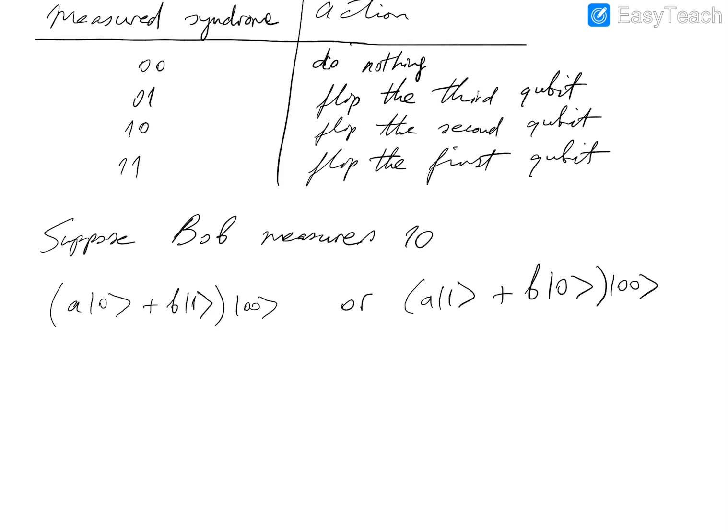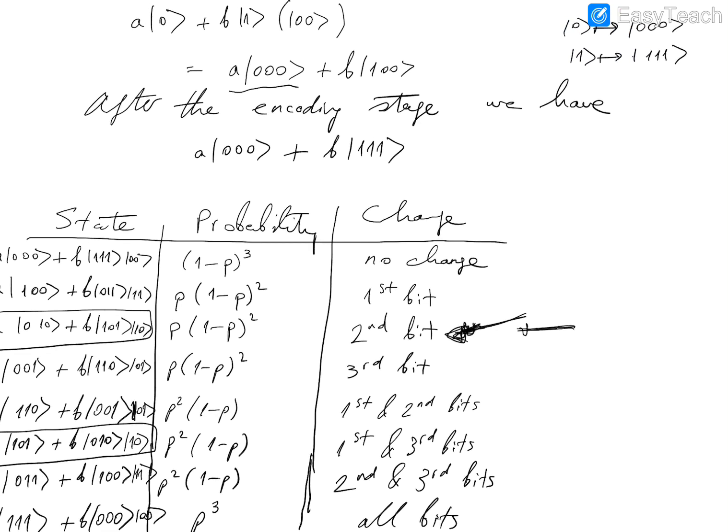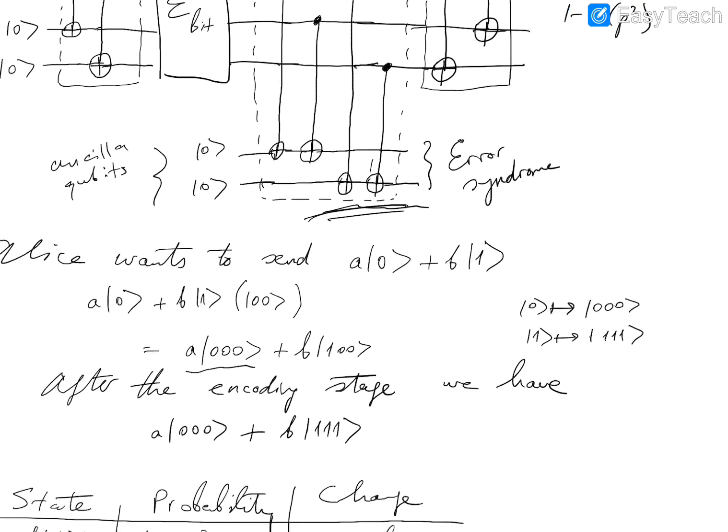The last two qubits are the qubits from the encoded state.